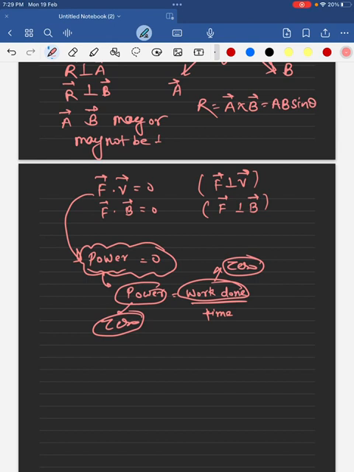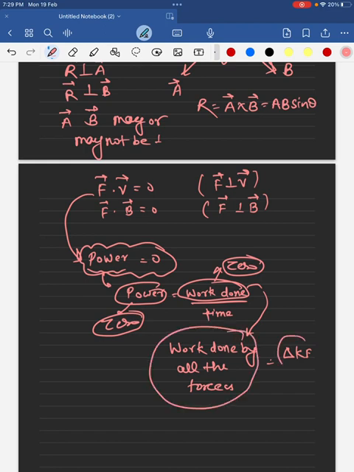Or simply you can write that according to the work energy theorem, the work done by all the forces is equal to the change in kinetic energy, that means delta KE. If the work done by all the forces is 0, that means the change in kinetic energy is 0. Yes, you are right sir, the change in kinetic energy is equal to 0.